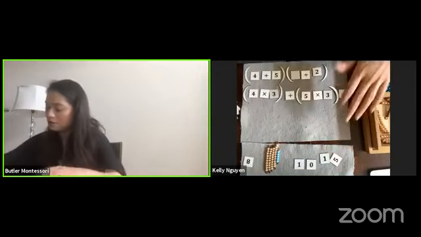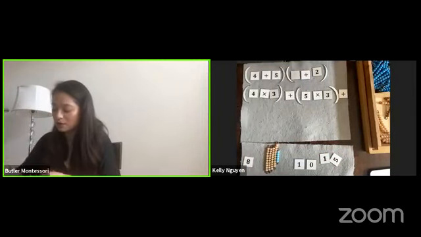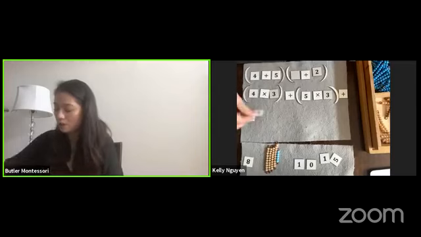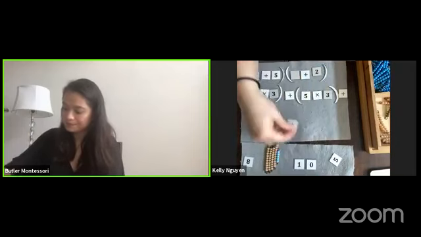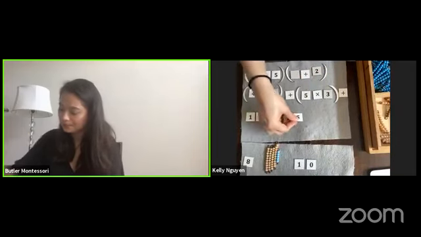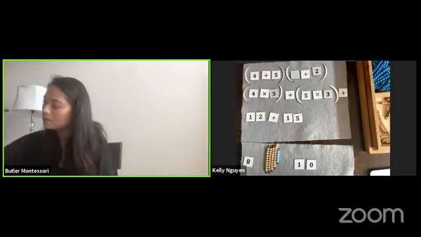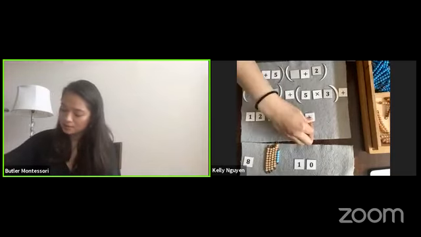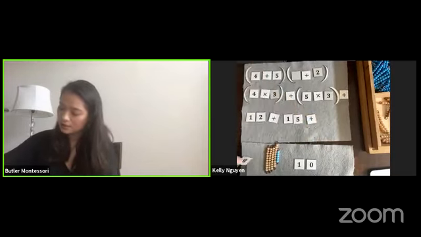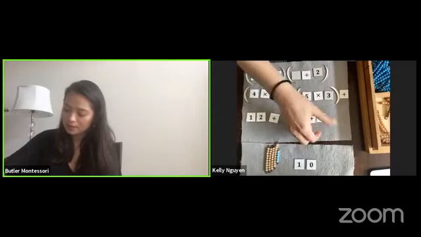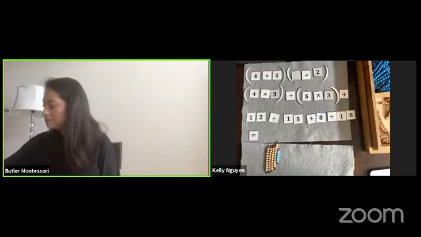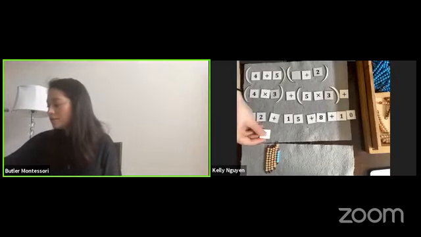So maybe they already know their multiplication facts and they don't need the cards. They can go ahead and do 12 plus 15 plus 8 plus 10, which equals 45.